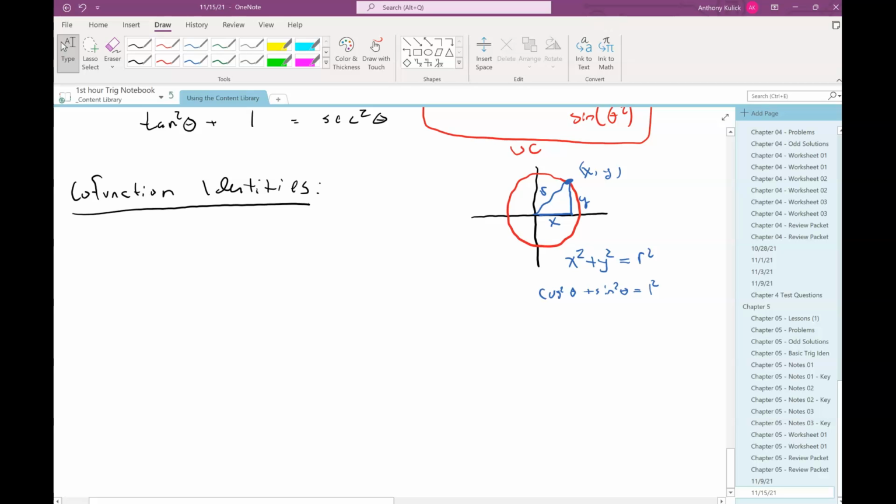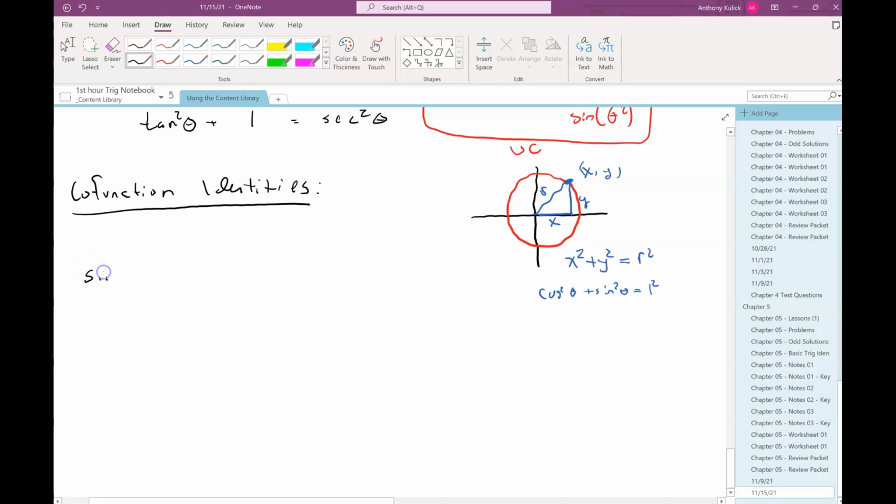Well, it turns out that sine and cosine are equal for all complementary pairs of angles. So if I did sine of 10 and cosine of 80, I'm going to get the same value. Or sine of 37 and cosine of 53 will give me the same value. So we're going to formalize that.